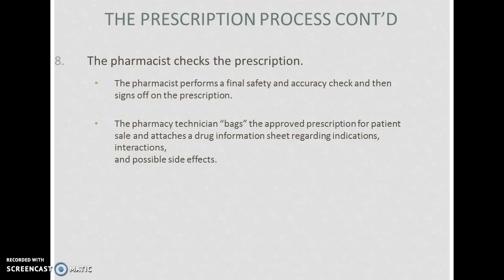The pharmacy technician then will place the prescription in the appropriate bags for the patient to purchase. And then there is a drug information sheet, which we talked about, that's placed in addition to the label on the container. This regards the different types of medication interactions and side effects that could possibly occur.